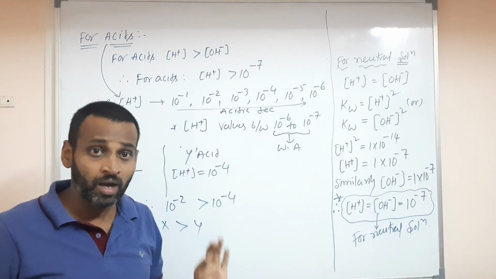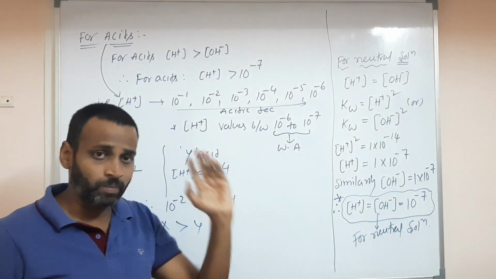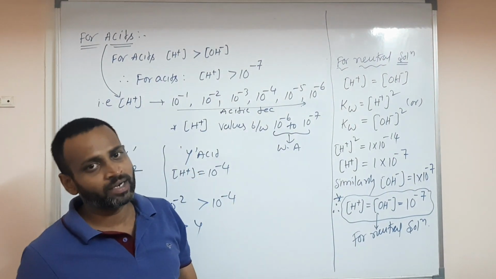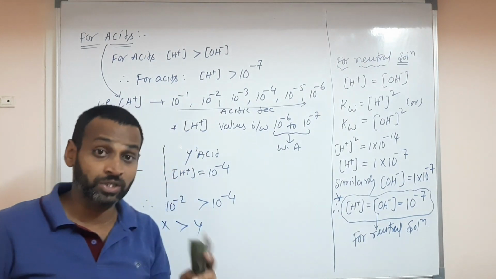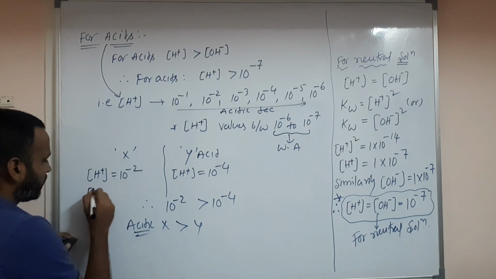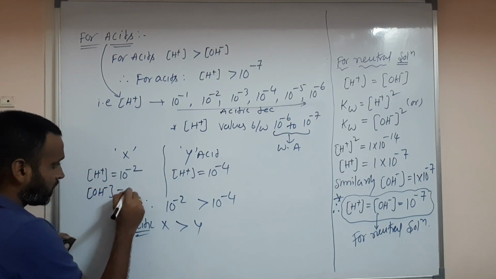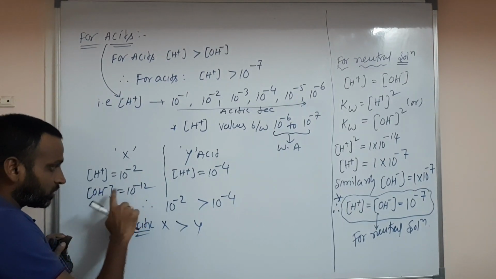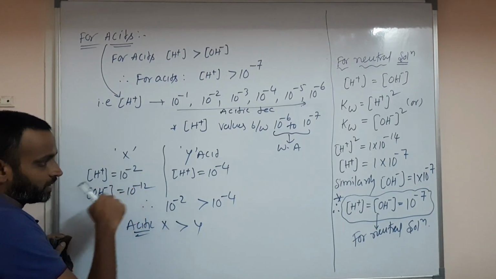With respect to one particular concentration, it is always easy for us. So always, for acids or bases, please consider H plus concentration, so that you can write the OH minus concentration also. Suppose X has H plus concentration of 10 power minus 2. Then what is the concentration of OH minus? It is 10 power minus 12, because the product should be 10 power minus 14.